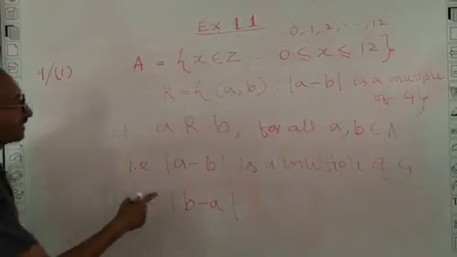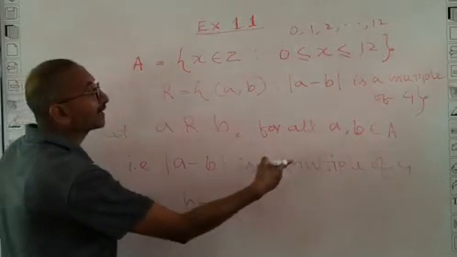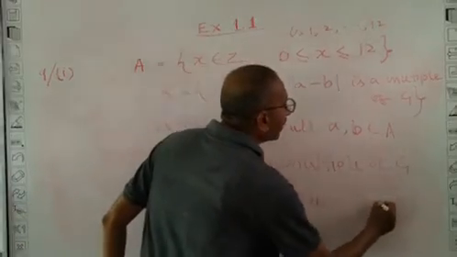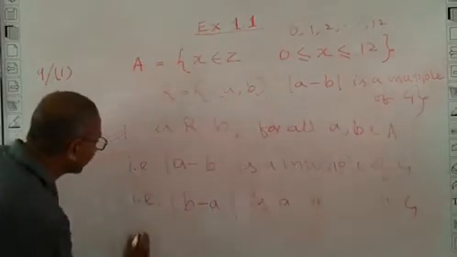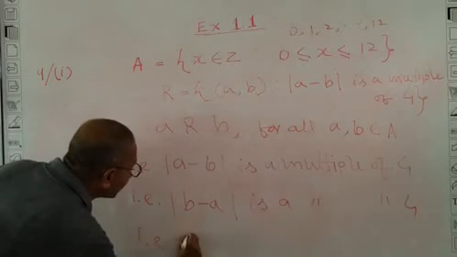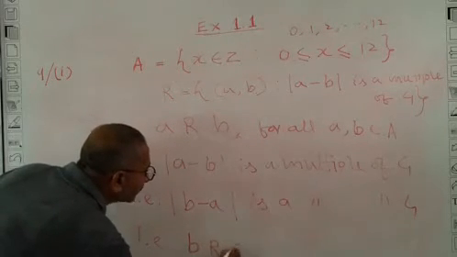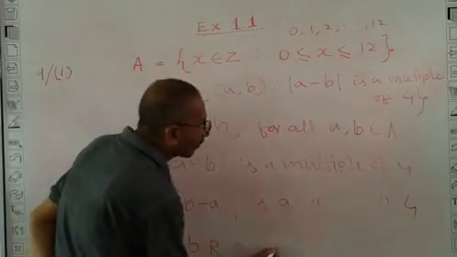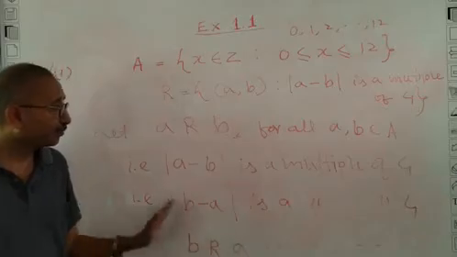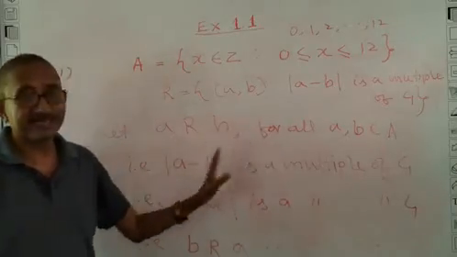So that's what I have written. If A minus B is a multiple of 4, then B minus A is a multiple of 4. That means B is related to A, for all A, B belongs to A. So this is the logic of how we need to present to show that it is symmetric.